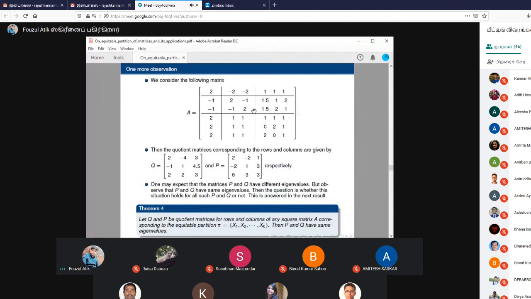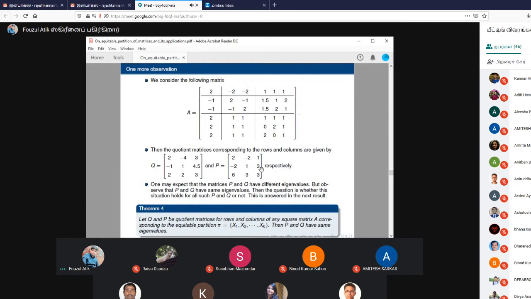But the leftover matrix, that means the Q star matrix, will be of order n minus 2. So in many cases it is very difficult to find the eigenvalues. So what we did was find the eigenvalue localization for them. So we find some region where the other eigenvalues will lie.